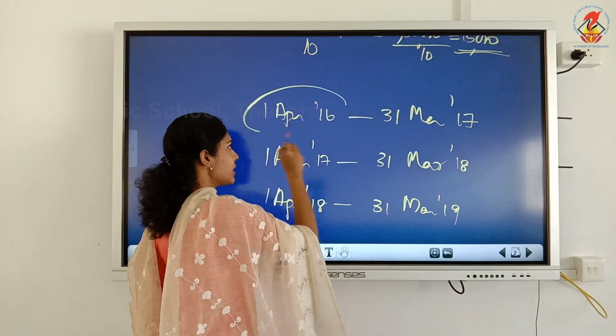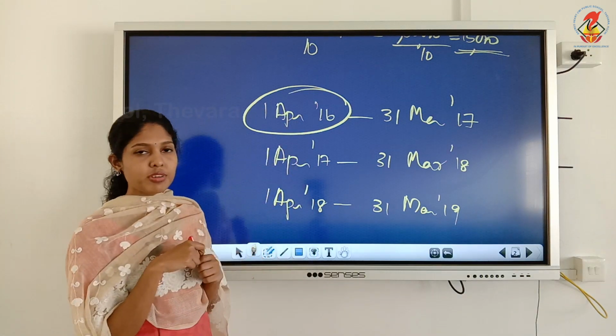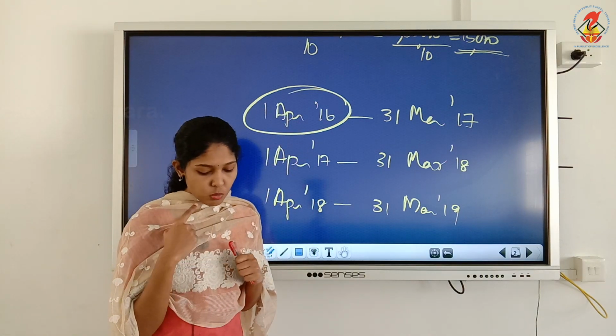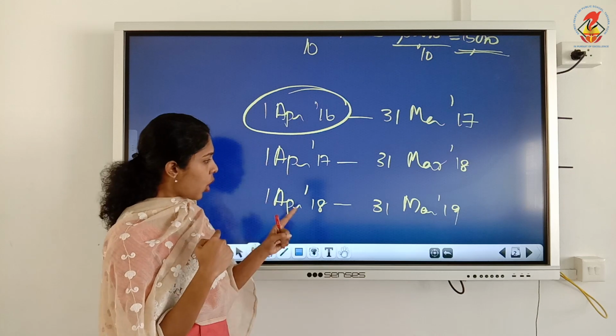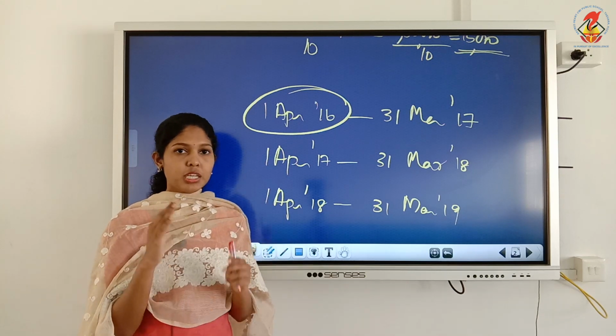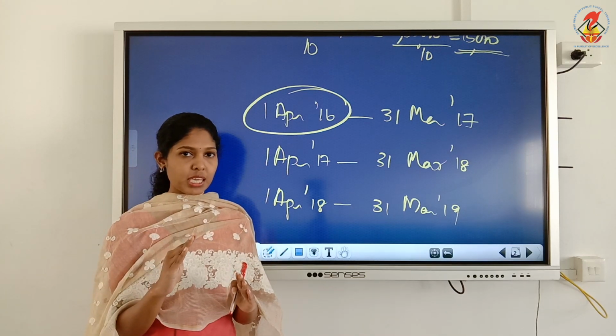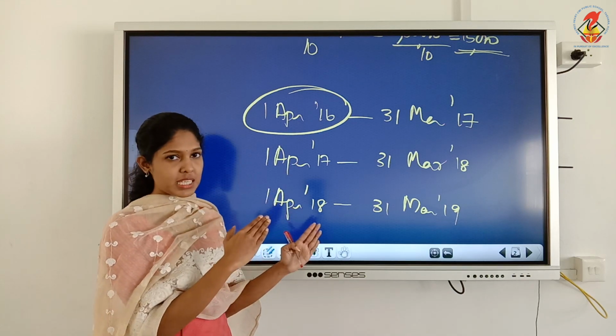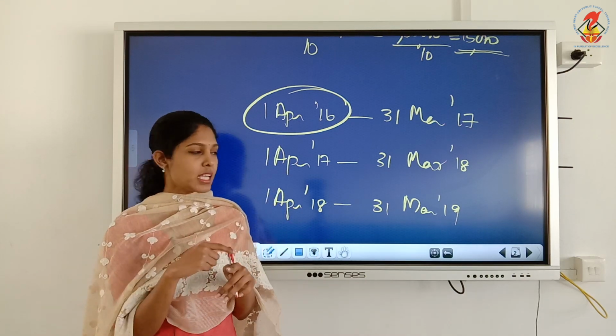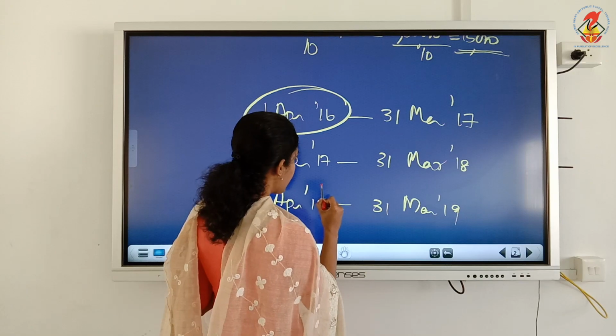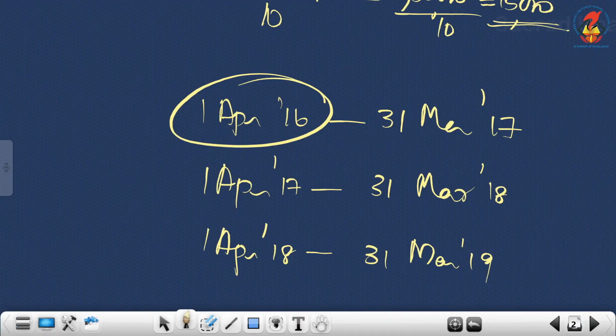We are starting with this one, 1st April 2016. We sold on 1st October 2018. You should first identify in which financial year it will fall. This date will fall in the third year.